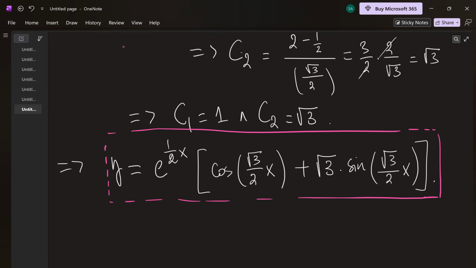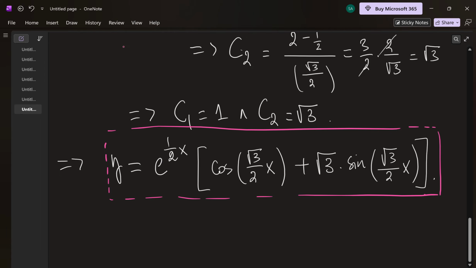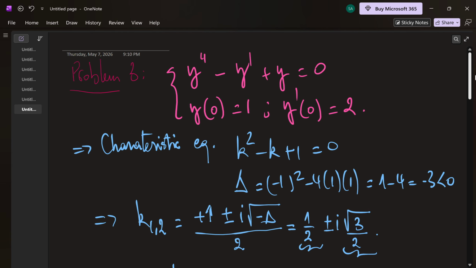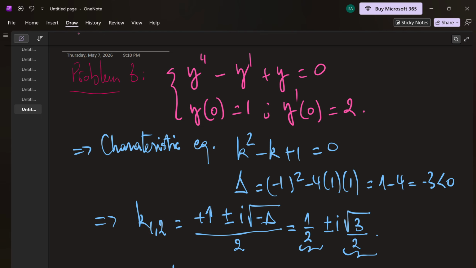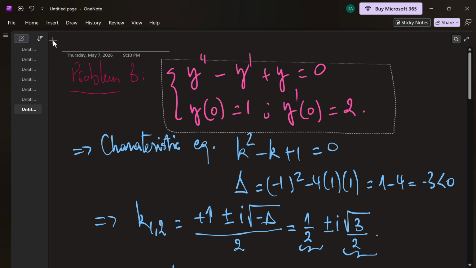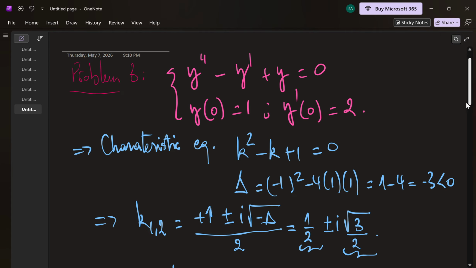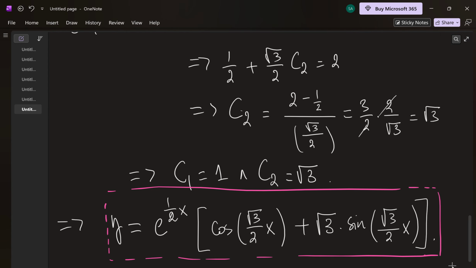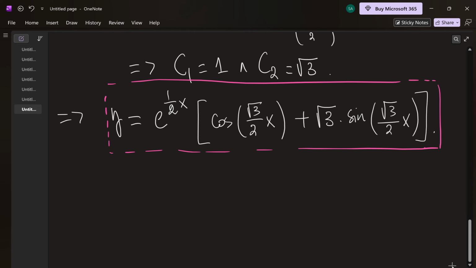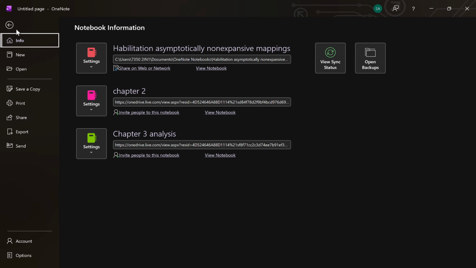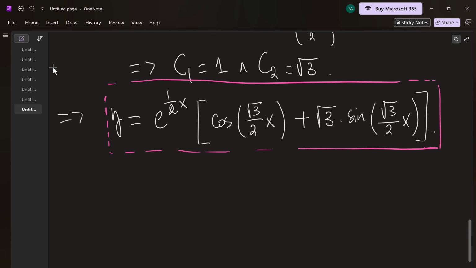So this is the particular solution that we are looking for to our problem here, which is this problem. I will copy it down. So this is the solution to this problem.